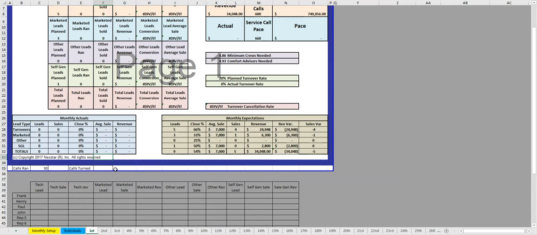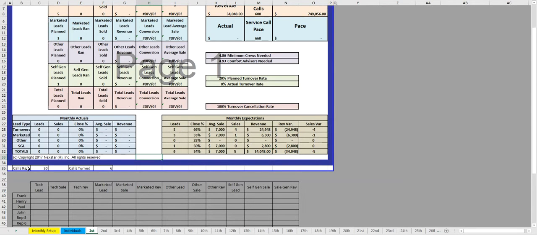That looks good. Let's say we turned over. So this is calls ran. This is turned over that our technicians gave to our sales lead coordinator, and then she in turn set up for a comfort advisor. We do not have selling techs in this model. I will make another tutorial of a selling tech model. So let's say they turned over 6 calls.